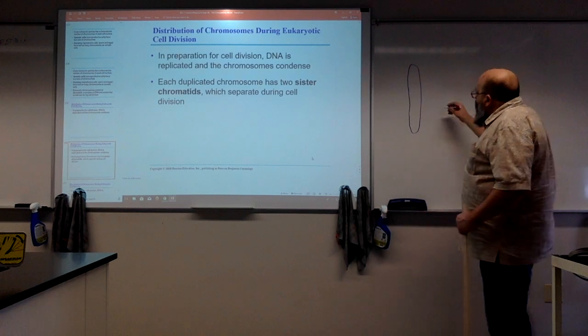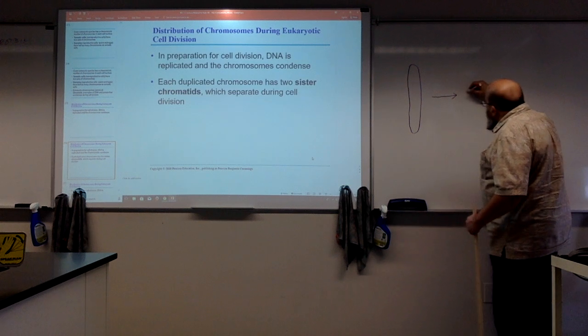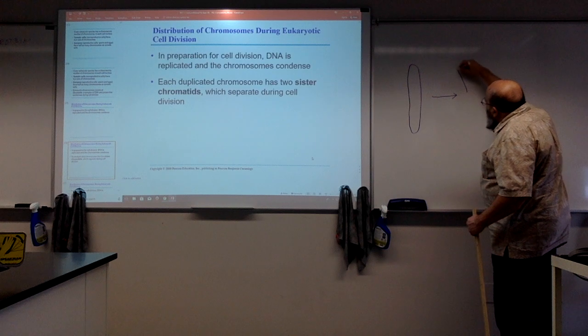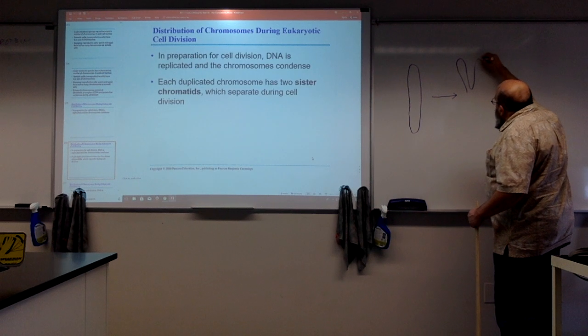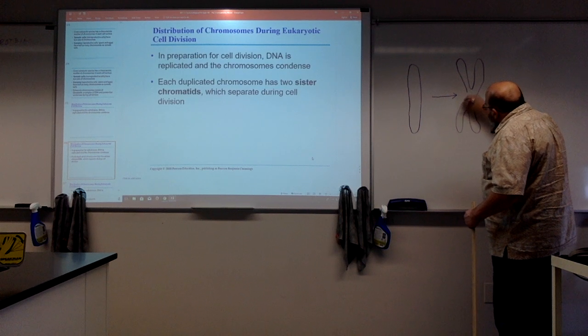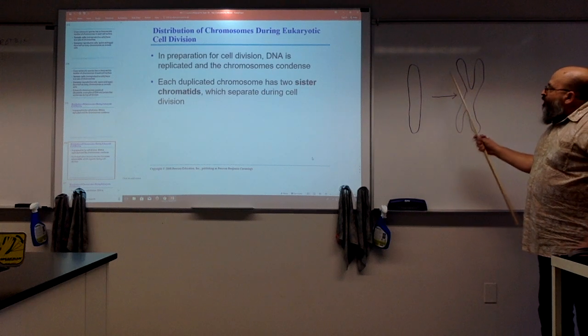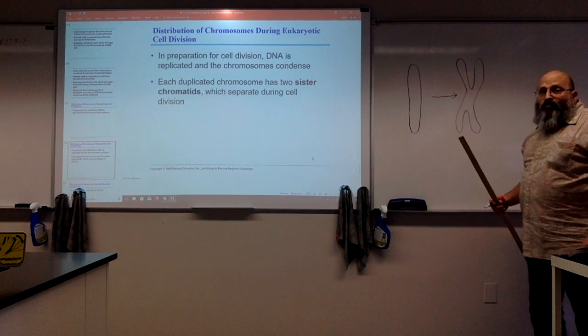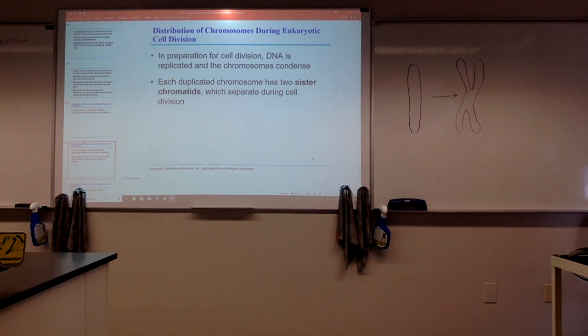Before cell division, this is going to replicate, so I'm going to draw it like this. Now this chromosome is composed of 2 sister chromatids because the DNA has been replicated, and those chromatids are genetically identical to each other.